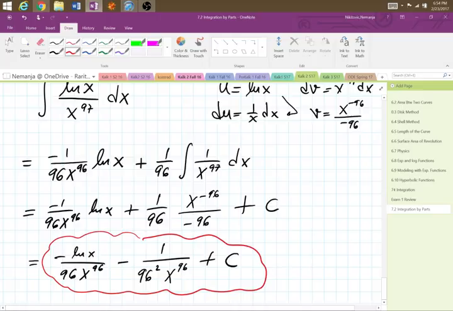So we had x to the 97, and it was 1 integration by parts. Now, if you have the problem as x to the 97 times ln x, good luck.